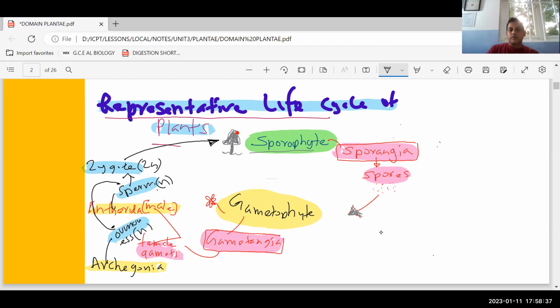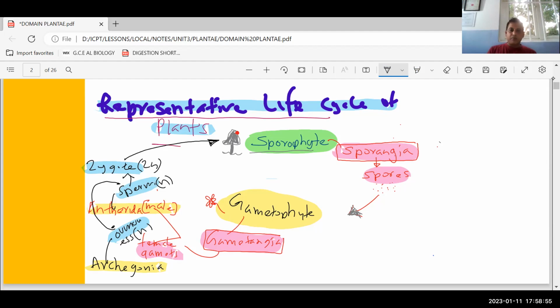Okay, now this is the general life cycle of the plant, but we can see many changes when we go on to learn about other types of plants, right?